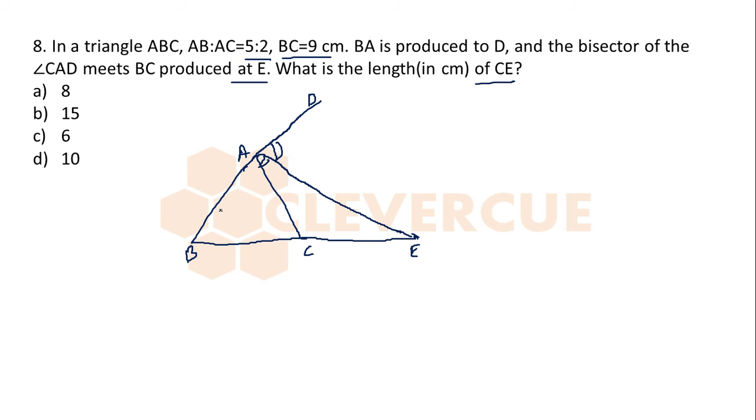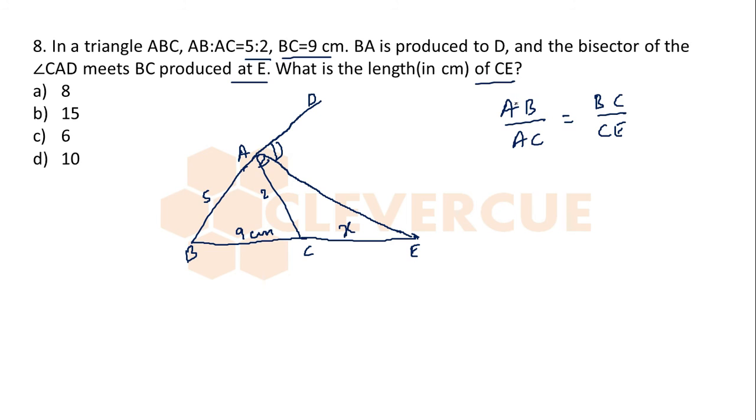Now here AB is to AC is given as 5:2, and here the value of BC is given as 9 centimeters. Here, according to the angular bisector theorem, AB by AC will be equal to BE by CE. Now, let the value of CE be x.